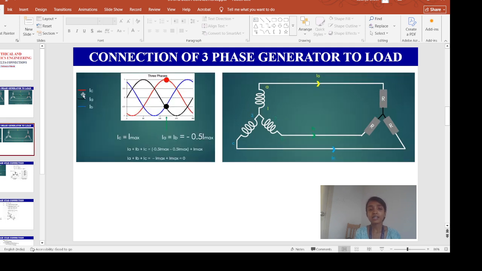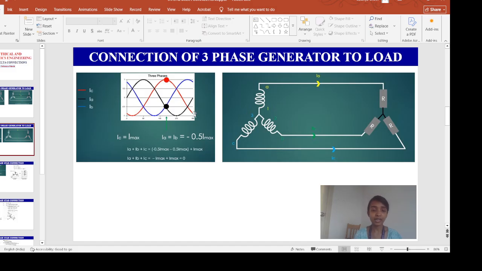Now let's say this red color waveform is represented by the current IC, this black color waveform is represented by the current IA, and this blue color waveform is represented by the current IB. Each of these currents is 120 degrees out of phase with each other.